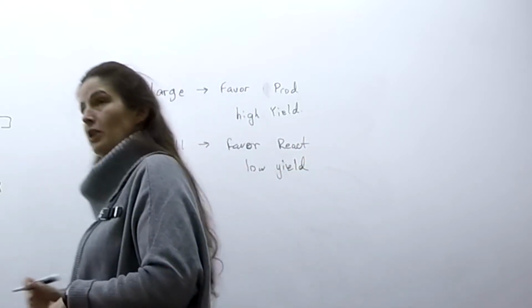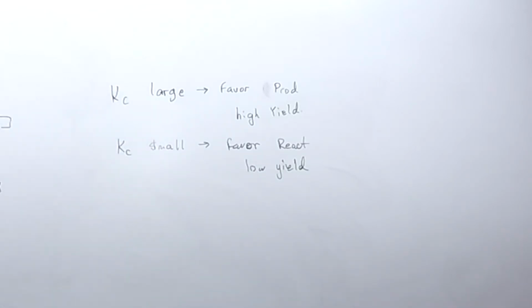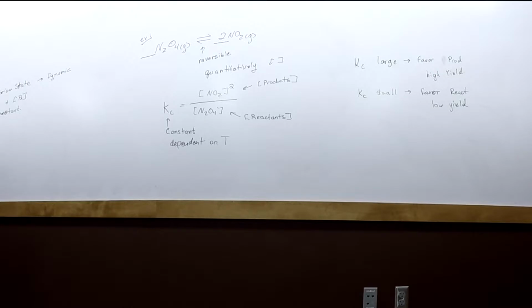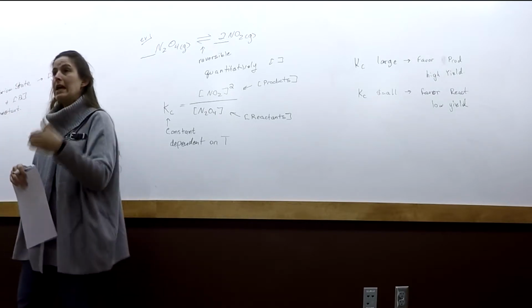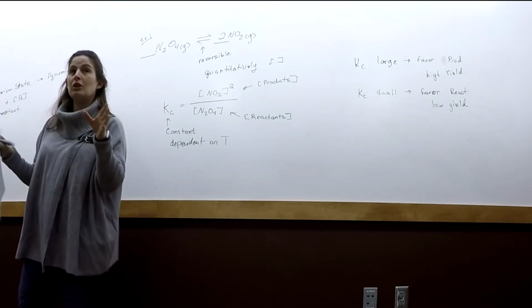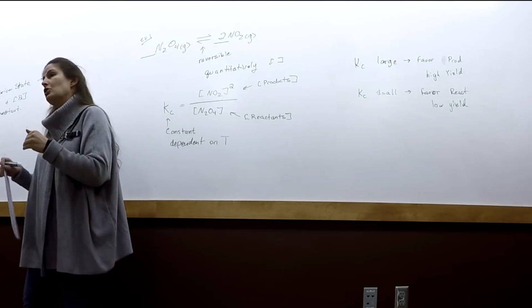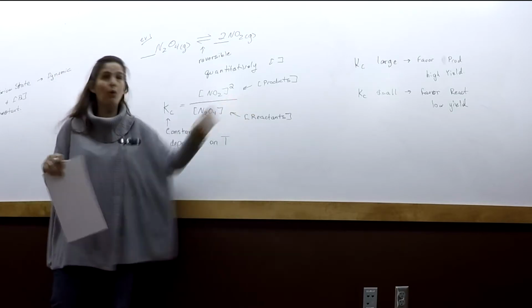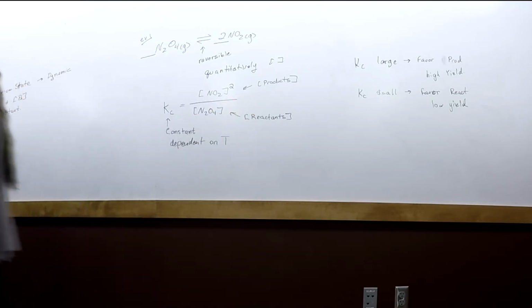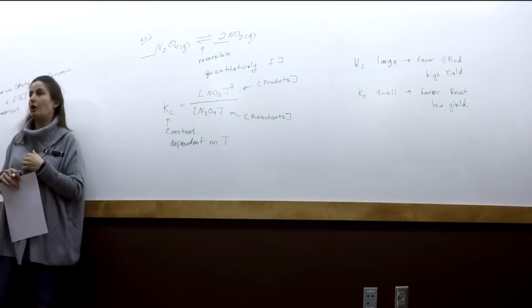This is going to be a low yield situation, because when equilibrium is reached, when that ratio between the concentrations is reached, your reaction officially ends. The concentration of the two will not change. So if you're in a low yield situation, you have to take extreme conditions in order to change the yield of your reaction.